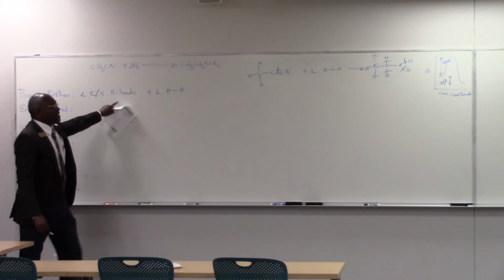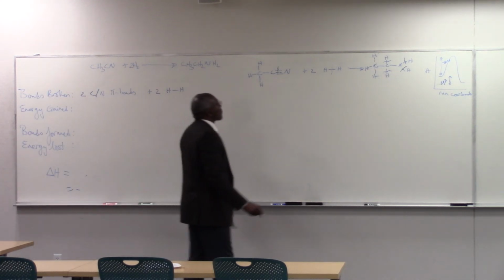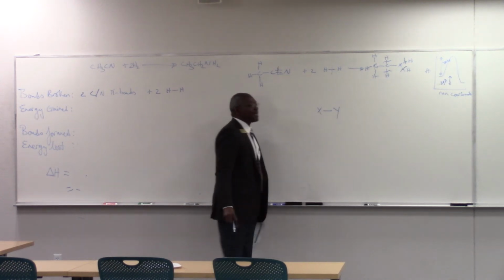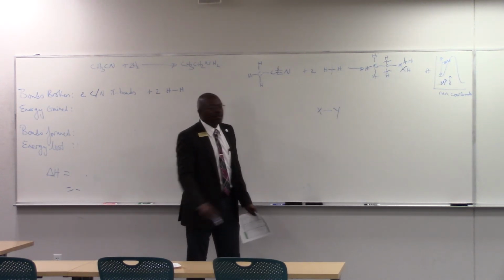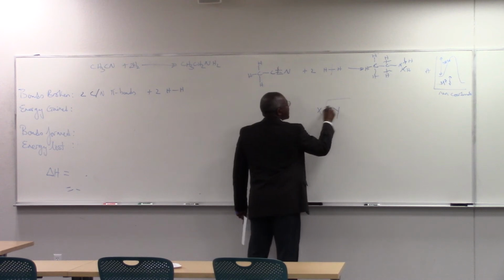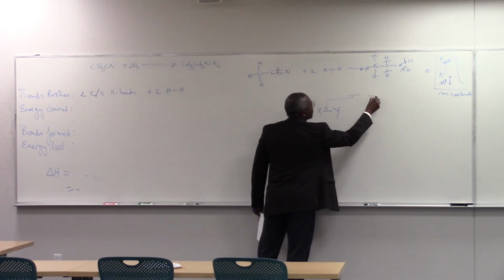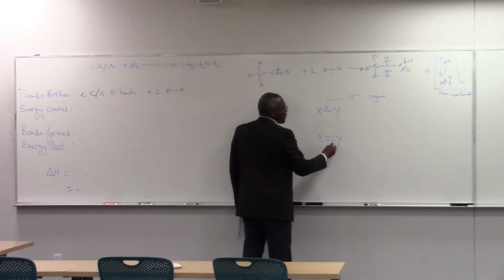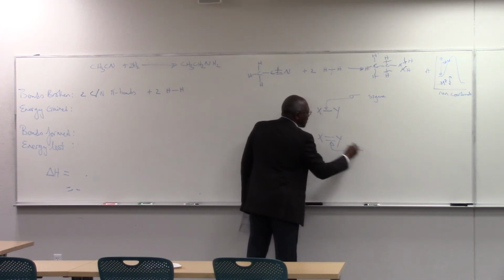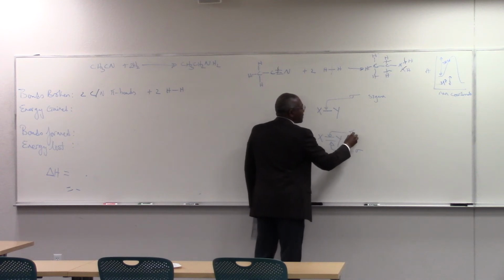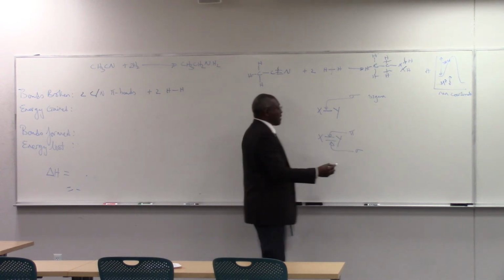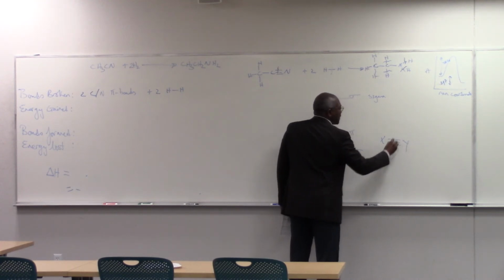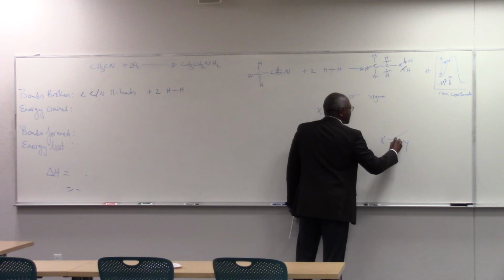Now, really fast, and you would have met this in Gen Chem. If I have an XY bond, and that bond is a single bond, then we say that bond is sigma. If I have an XY double bond, one of them is sigma, and the other one is pi. If I have a triple bond, one of them is sigma, the other two are pi's.